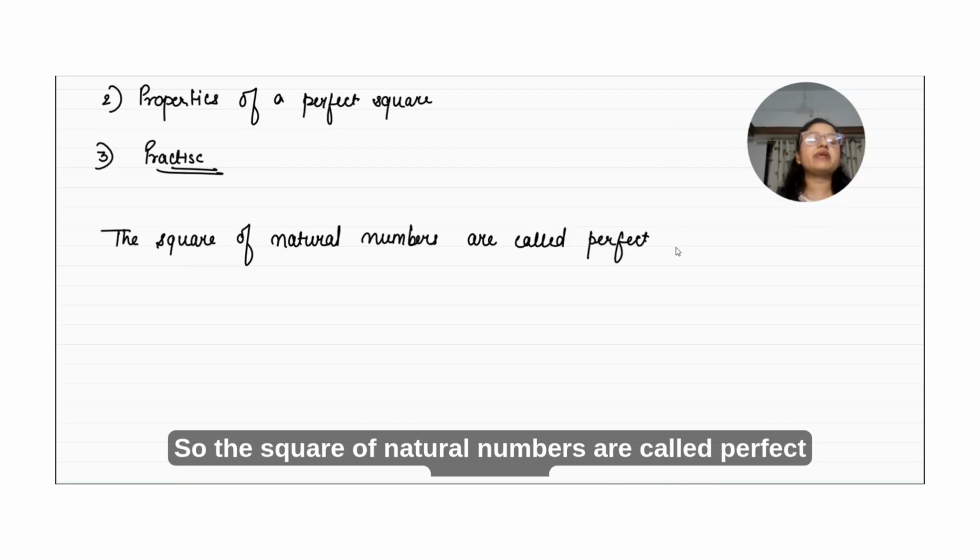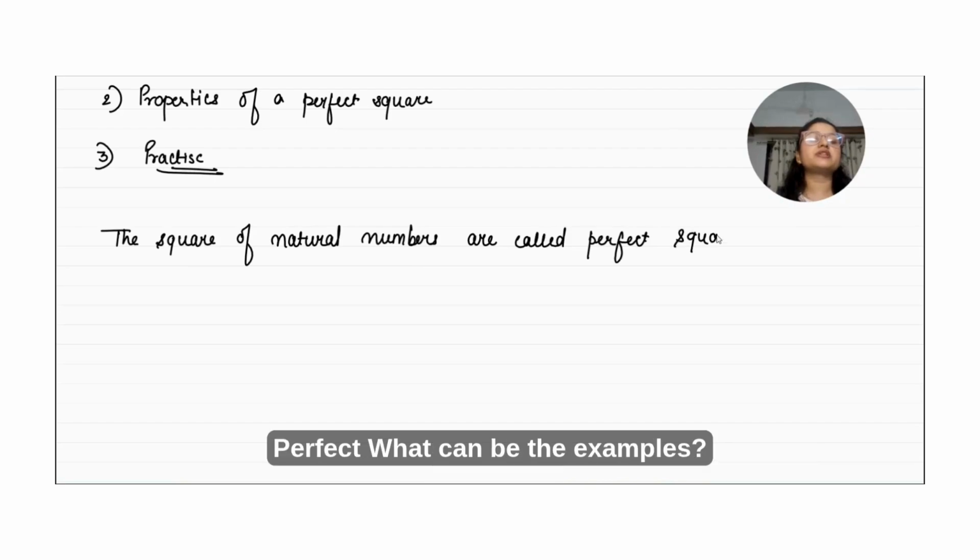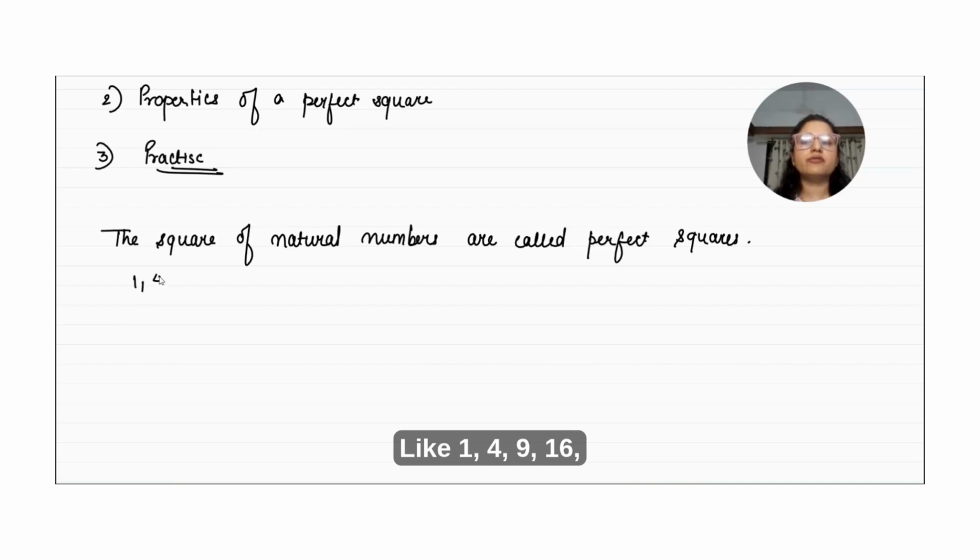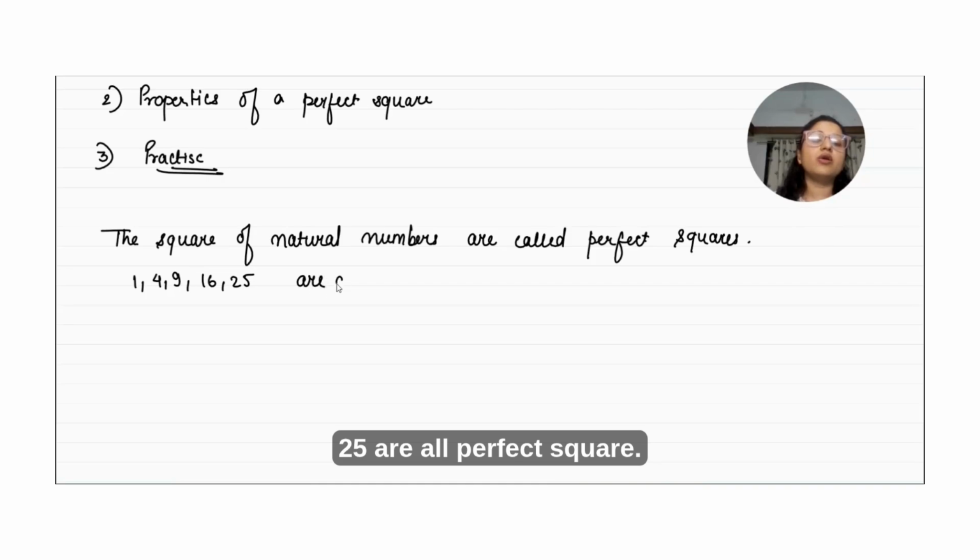The square of natural numbers are called perfect squares. Do you know what natural numbers are? Numbers starting from 1 to infinity are all called natural numbers. So the squares of natural numbers are called perfect squares. Examples are 1, 4, 9, 16, 25, which are all perfect squares. Got it?